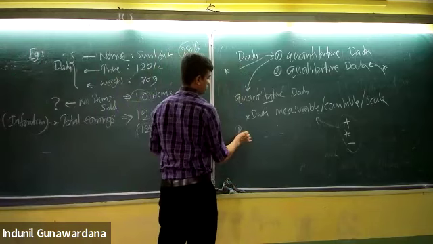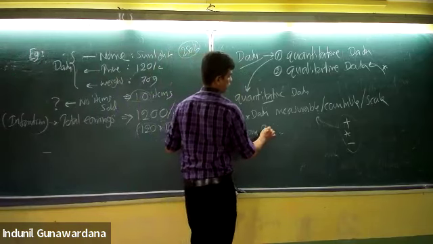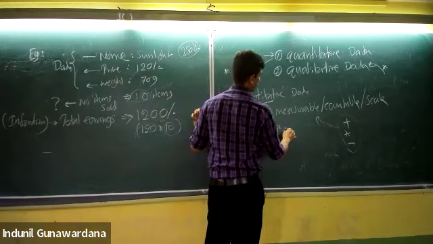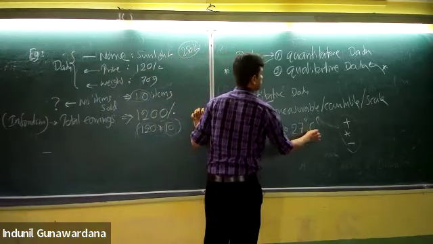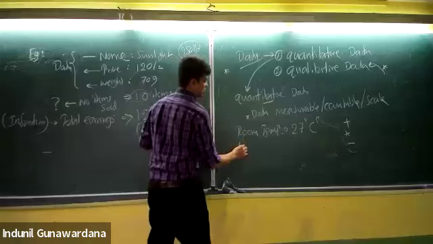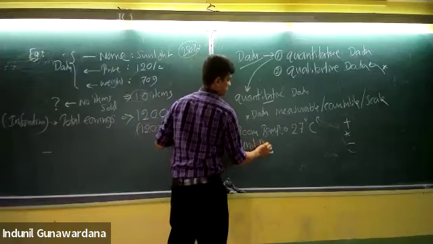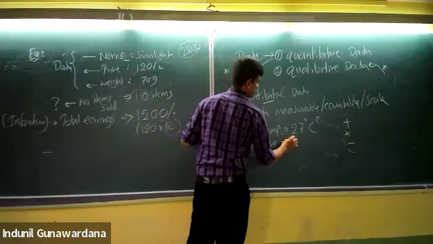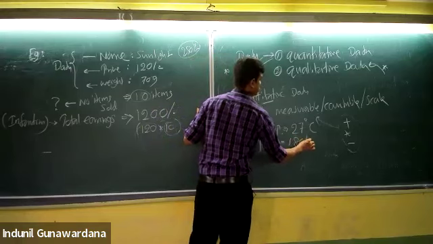Example, room temperature is 27. We write it in this manner. Another example, unit price is 180.